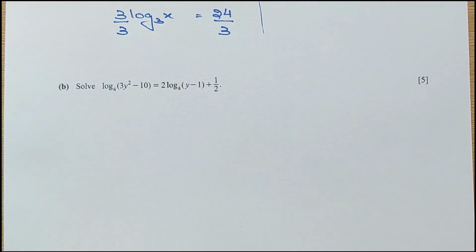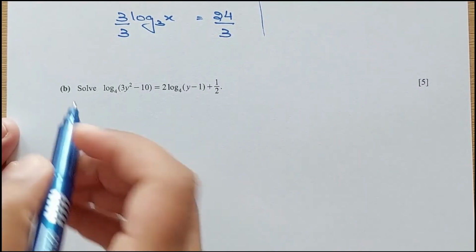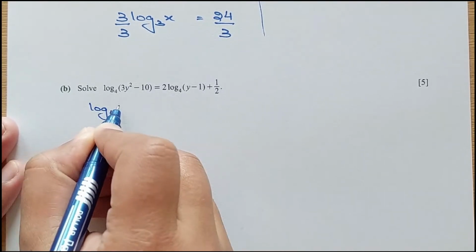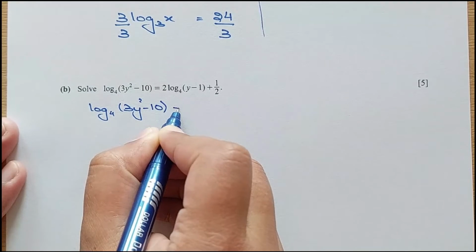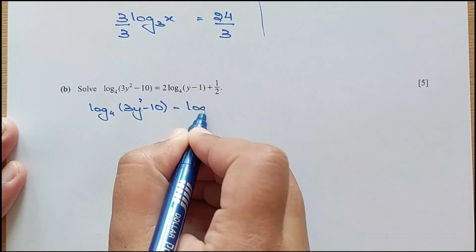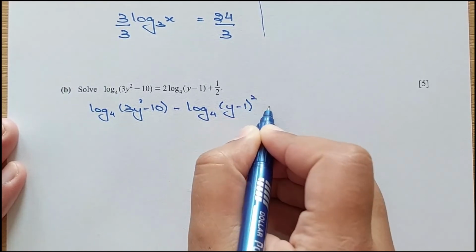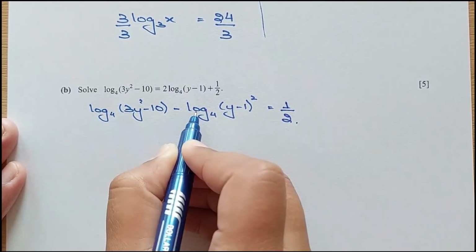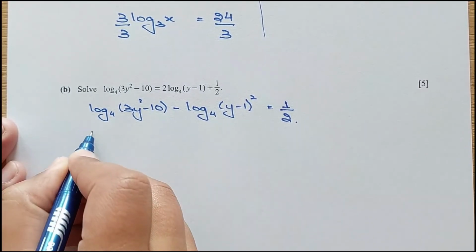Now for part B, we need to solve this logarithmic equation. So as you can see, the base is 4. So let me rewrite this. Log base 4 of 3y square minus 10 minus log base 4 of y minus 1 whole square equals to 1 by 2. So the log base 4 is in the subtraction, so we can divide.